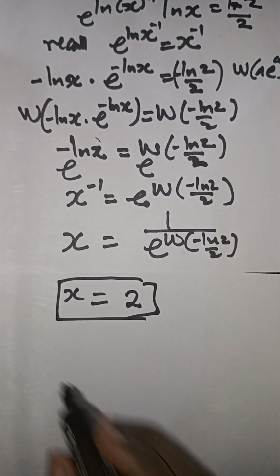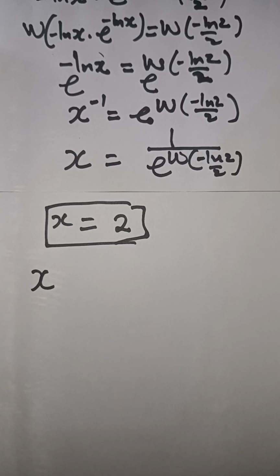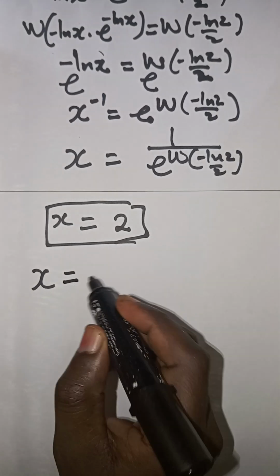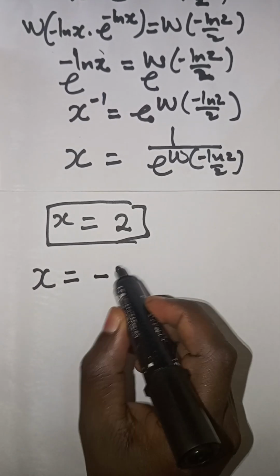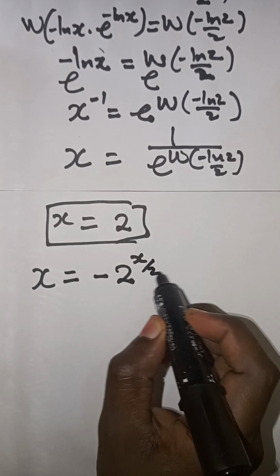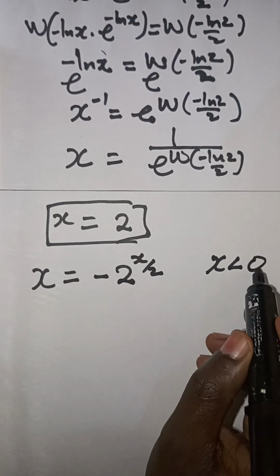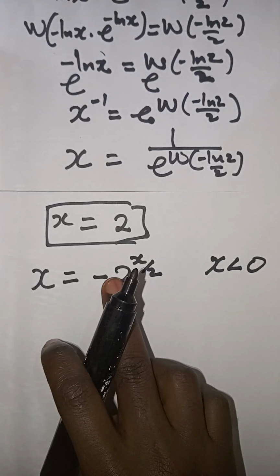Now, recall that we had x equal to negative of 2 raised to the power negative x over 2. For this case, my x should be less than 0 since it is negative.